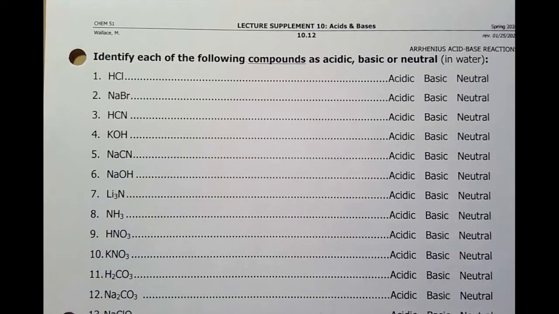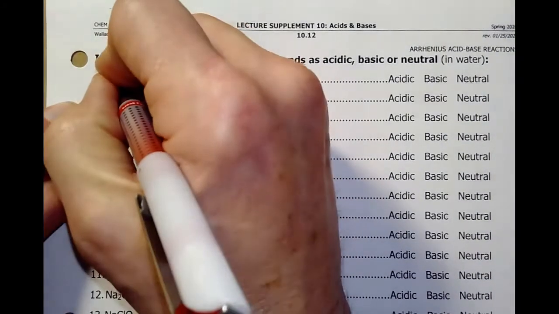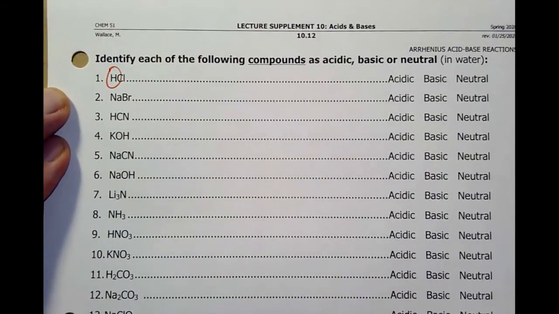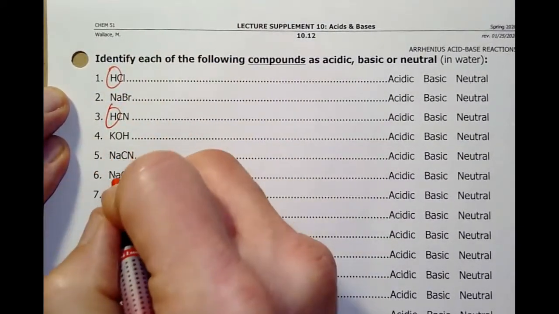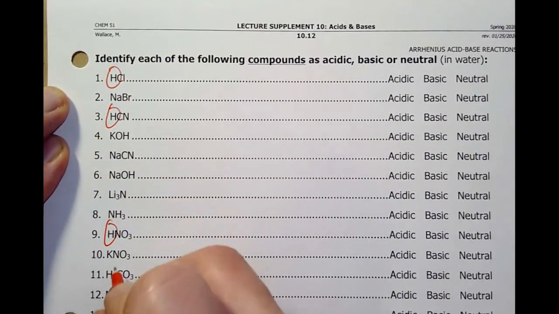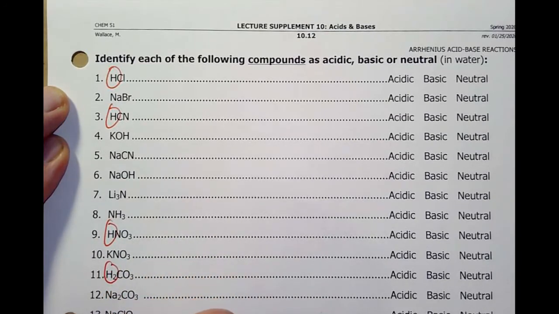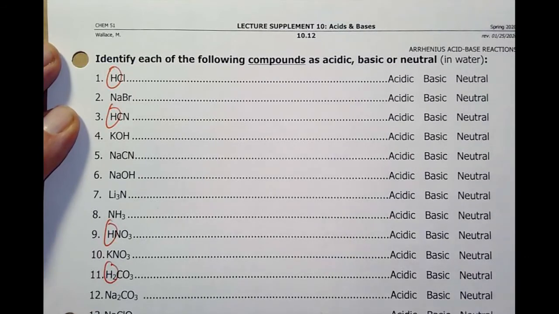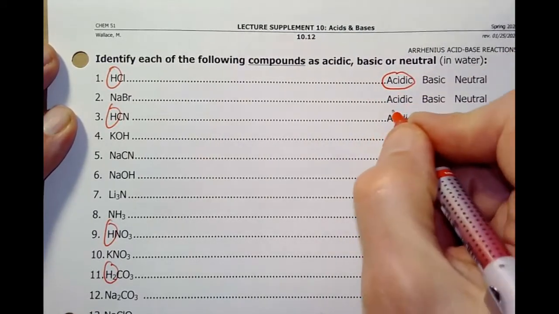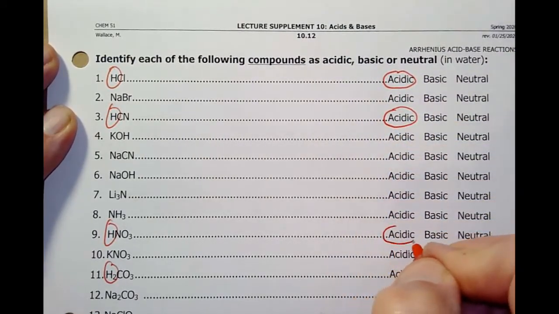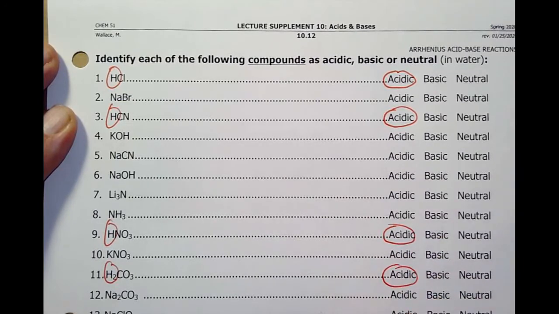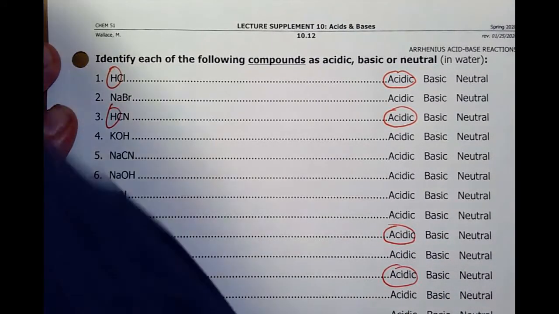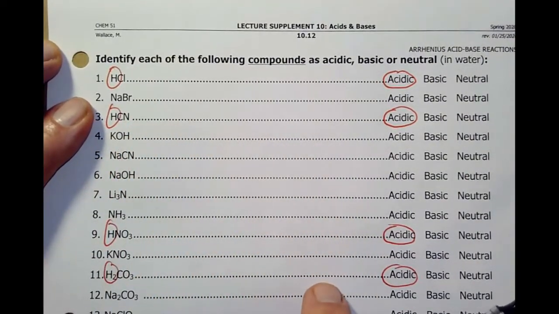All right, you paused it, right? Well, I'm going to do the easy ones first. I see H+, H+, H+, H+, H+. Acidic, acidic, acidic, acidic, and acidic. Now I've got sodium bromide, and I go, well, I don't know.